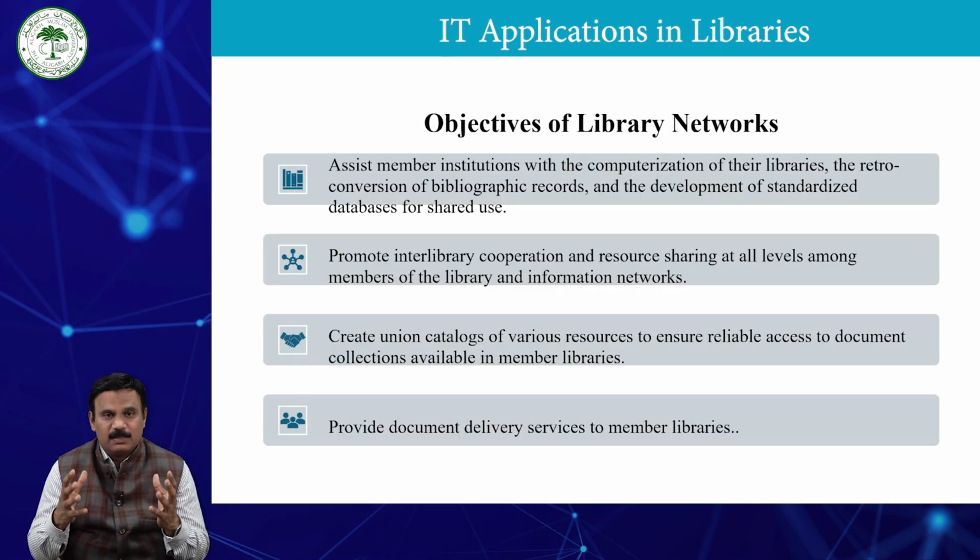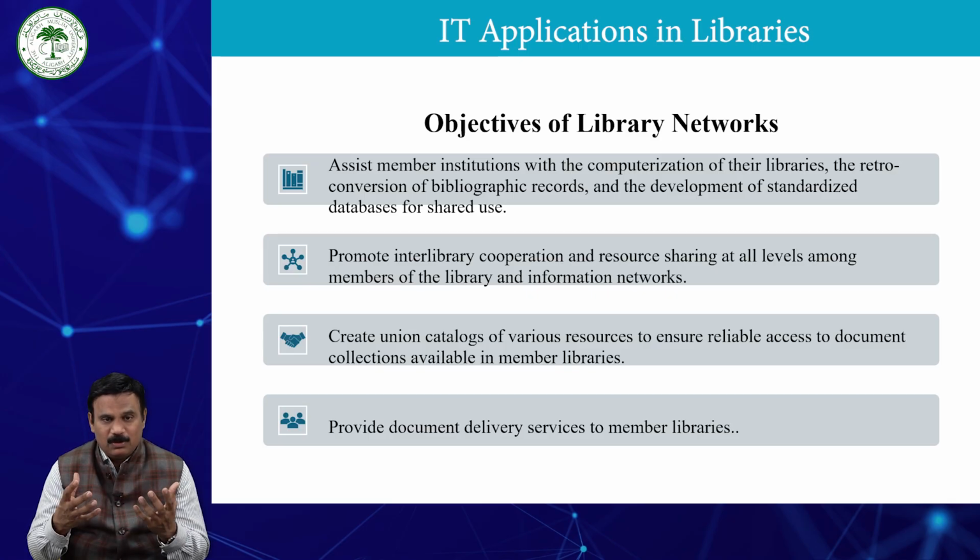Now let us see what are the different objectives of library networks. Assist member institutions with the computerization of their libraries, the retroconversion of bibliographic records, and the development of standardized databases for shared use. Promote interlibrary cooperation and resource sharing at all levels among members of the library and information networks.